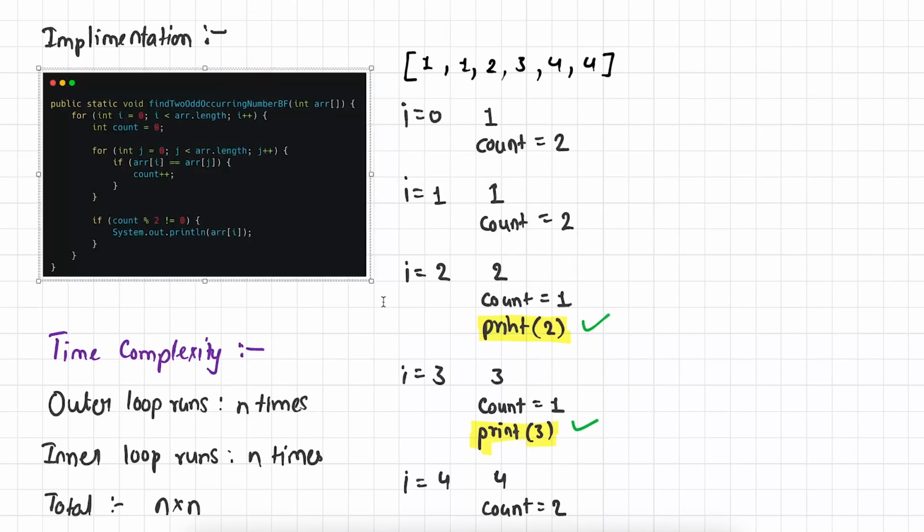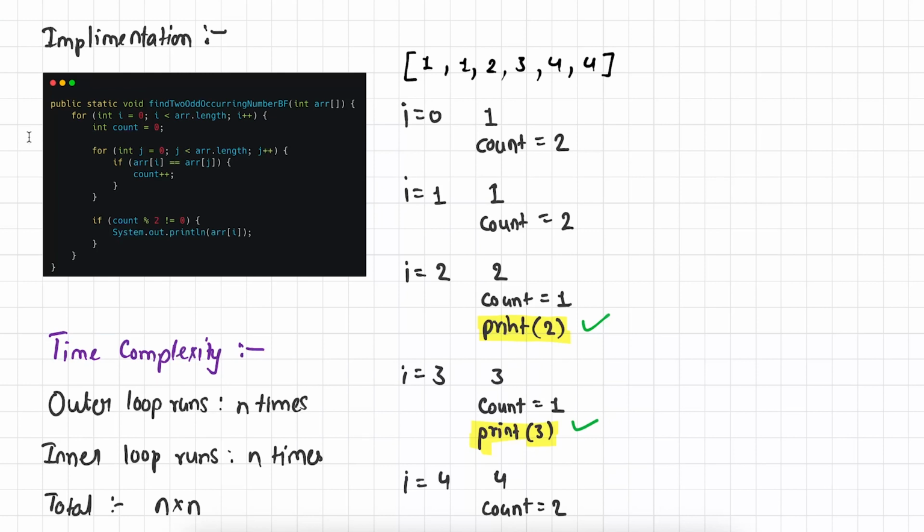Here is the implementation of the brute force approach. Here we have a function, and this function takes an array as input. In the first line, we are running a loop from 0 to array.length. Inside the loop, we initialize count to 0. Then again, we run a loop from 0 to array.length. In the inner loop, we check if array[i] is equal to array[j].